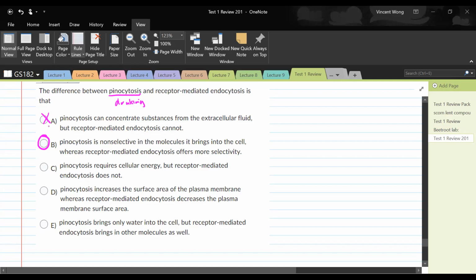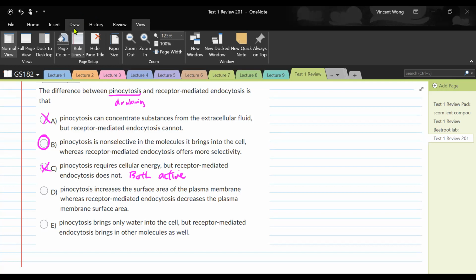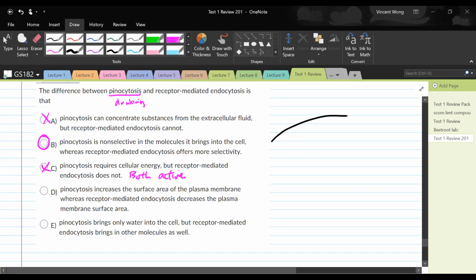Pinocytosis requires energy, but this does not. Nope, they are both active transport, so both require energy. Pinocytosis increases the surface area of the plasma membrane, whereas receptor-mediated endocytosis decreases the plasma membrane surface area. What does it mean? Well, let's take a look here. This is the cell membrane.